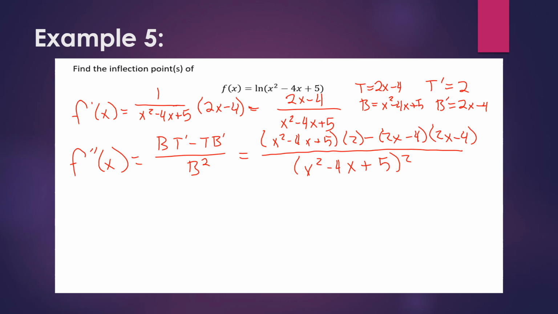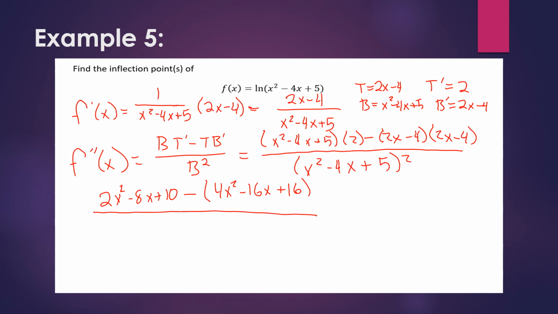So the hope is that this will clean up in some way, and fortunately it does. Multiplying the tops together, we will get 2x squared minus 8x plus 10 minus, and now I've got to multiply 2x minus 4 times 2x minus 4. It'll be 4x squared minus 16x plus 16. Now don't forget to distribute your negative sign. Also the bottom, we still have x squared minus 4x plus 5 squared.